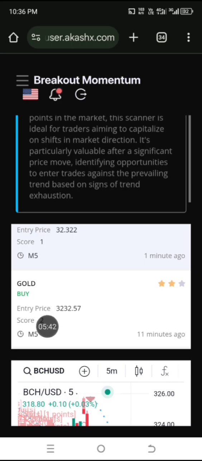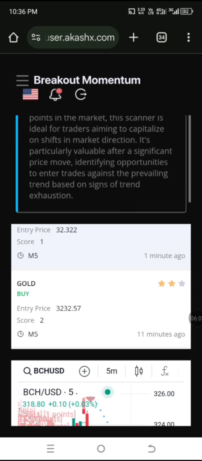But if it is 2, it's a strong signal, and 3 is even stronger. Yes. So now that we have seen the entry price, we know the direction of the trade, and we have seen the signal strength, it means that this 2 is fine. So we can dig further.